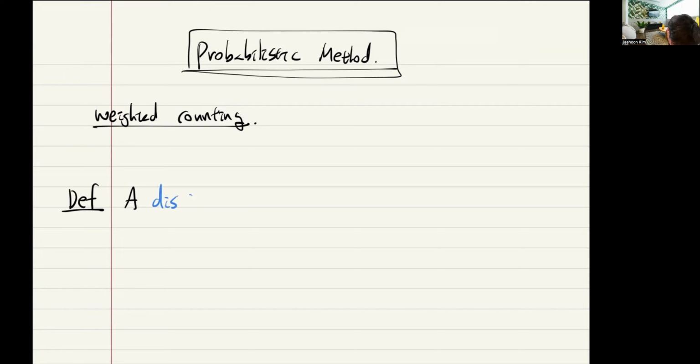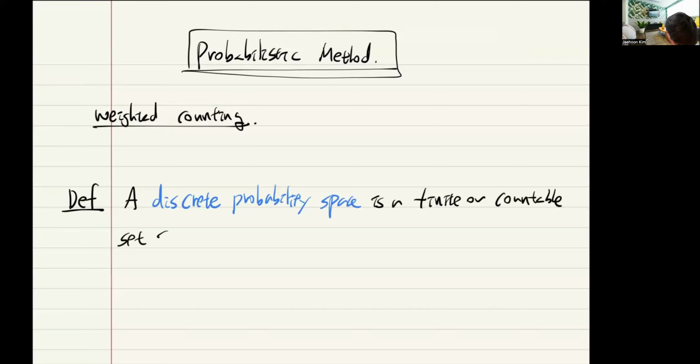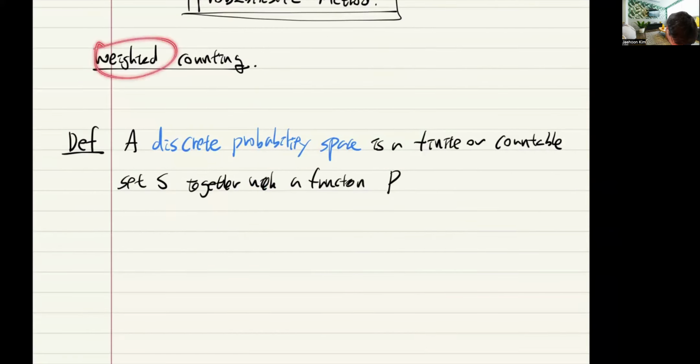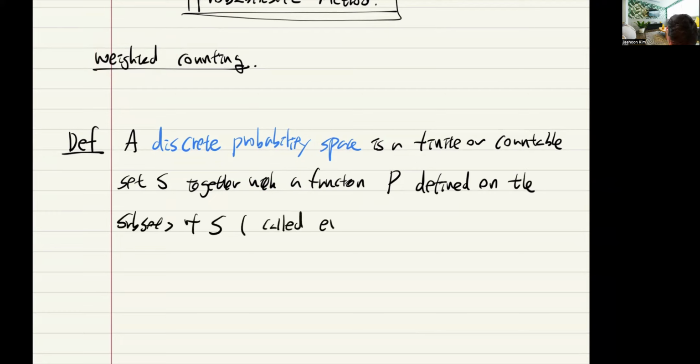As we are only considering the discrete case, we define this discrete probability space. This is either a finite set or a countable set, together with a function p, which is this weight, and we just imagine that as a probability defined on the subsets of S, which are called events.